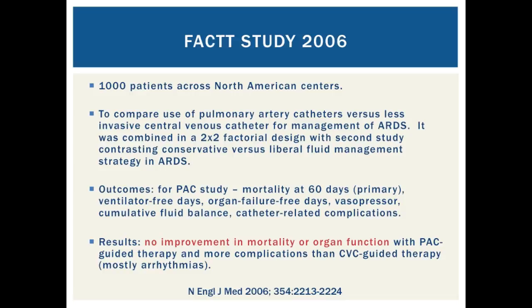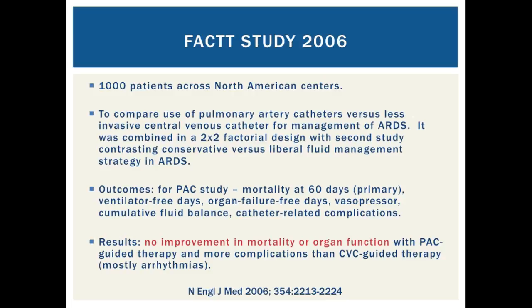Now, there's a little caveat here because, in the study, the complications were mostly arrhythmias, and it's kind of the way they designed the study, that if you were getting a PA catheter placed, you were basically in the ICU with constant telemetry, so they were able to really identify those arrhythmias, whereas a lot of times people that had central venous catheters had those done prior to randomization or at randomization, so they were placed without telemetry.